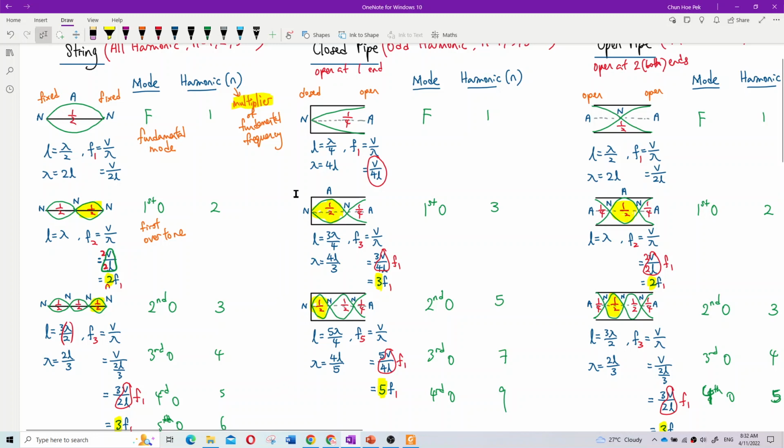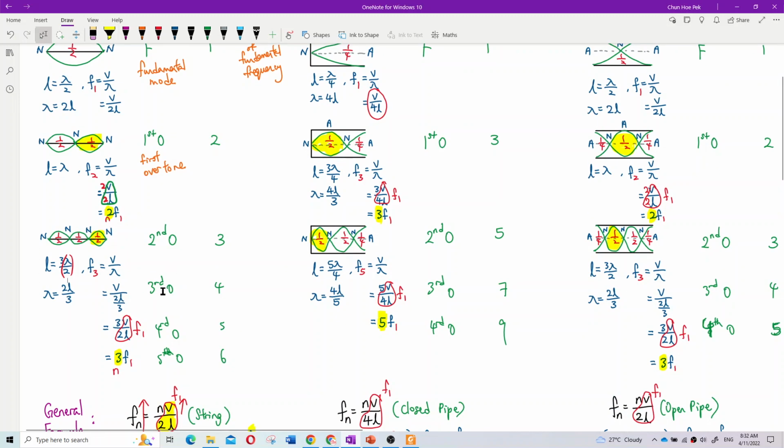Okay. Now going to the mode. The first one is always called the fundamental mode. And then going down, it becomes first overtone. And then going down becomes second overtone. And then you can even draw some more. You can put third overtone, fourth overtone, fifth overtone.